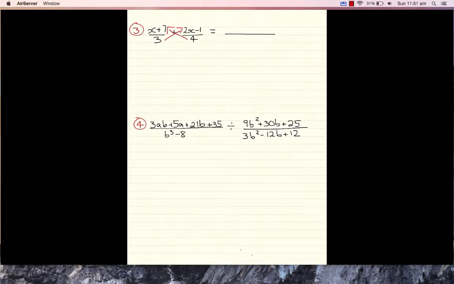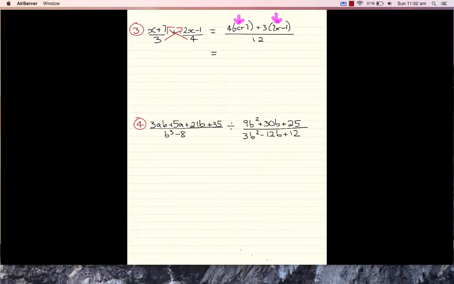So we're going to have a common denominator of 12, and we're going to end up with 4 outside of x plus 7 plus 3 outside of 2x minus 1. Now it's important that these two factors stay in the same order. Not so much when we're adding, of course, it doesn't matter which order we add, but when you're subtracting, that's going to have an impact. So keep them in the order that they're in the question. Okay?